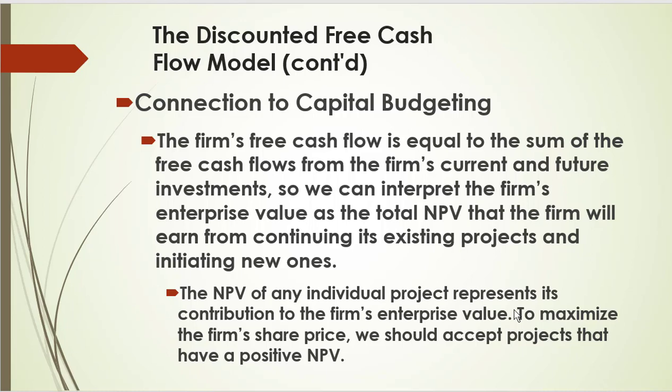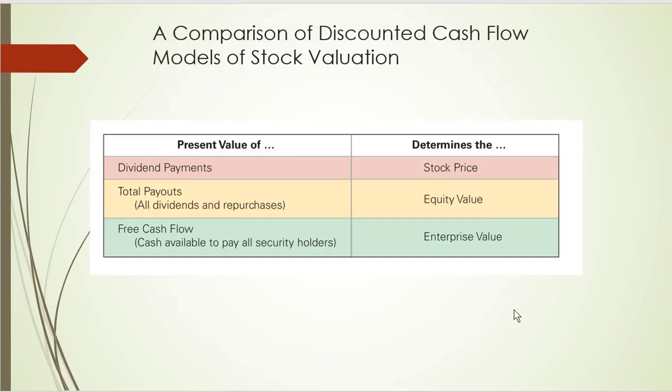The net present value of any individual asset is a contribution to the firm's enterprise value. So to maximize share price, we should only do projects that have positive net present values.